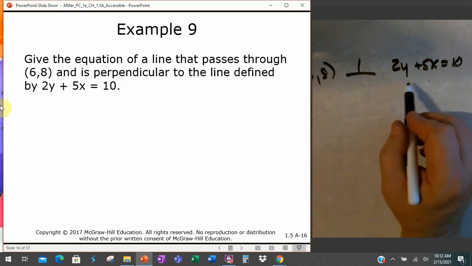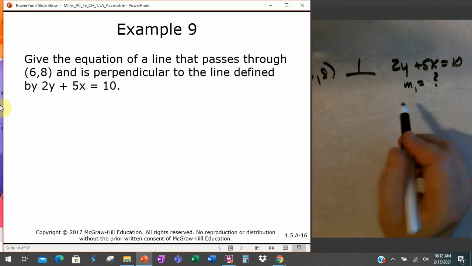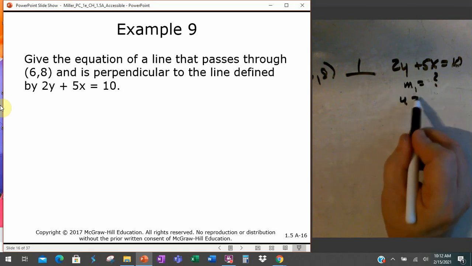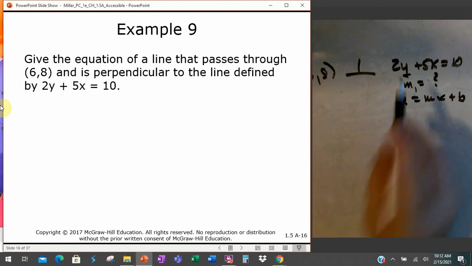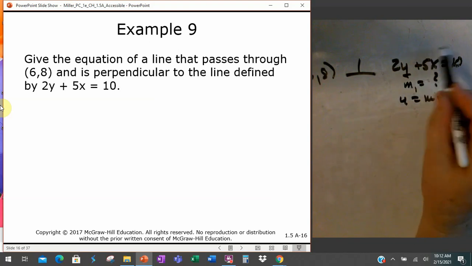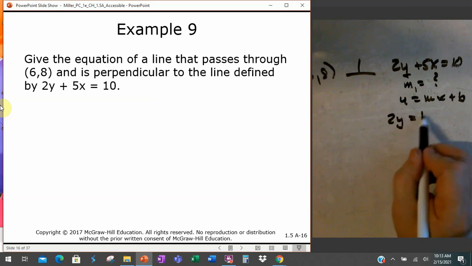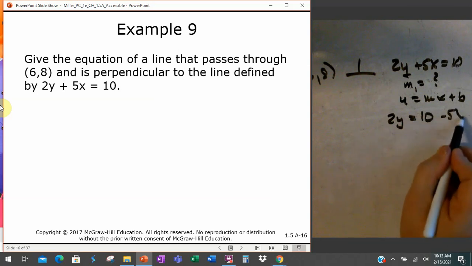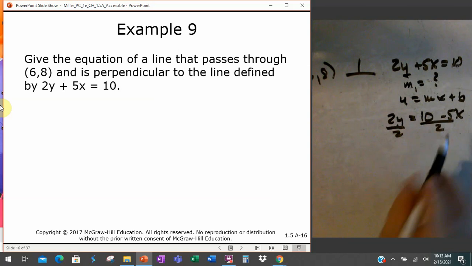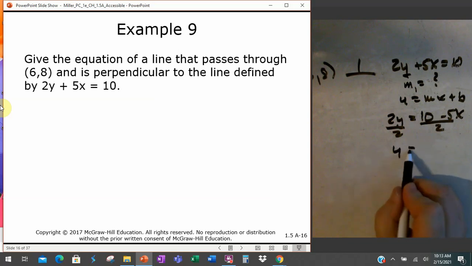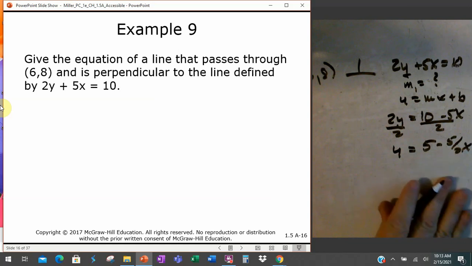So again, I've got to find my m1, and the only way I can do this is to write it out in slope-intercept form. So I want to solve for y. Minus 5x, minus 5x, 2y is equal to 10 minus 5x, divide by 2, and this is 5 minus 5/2 x.